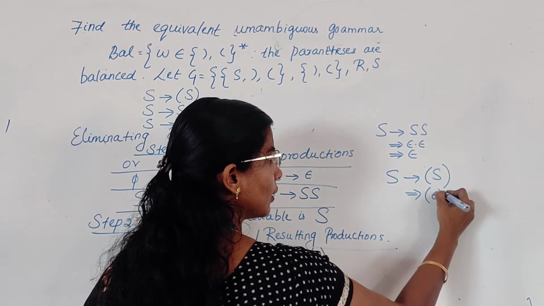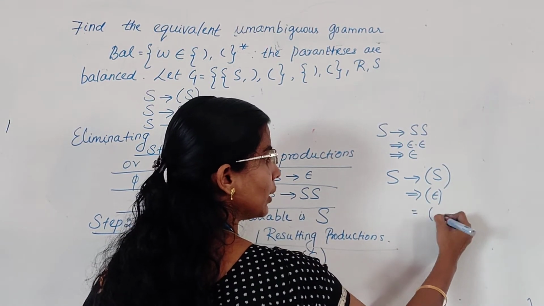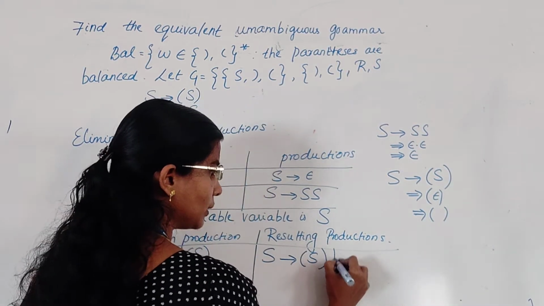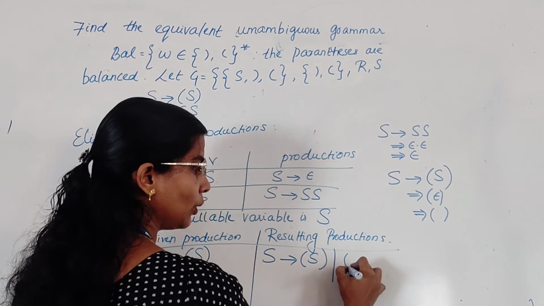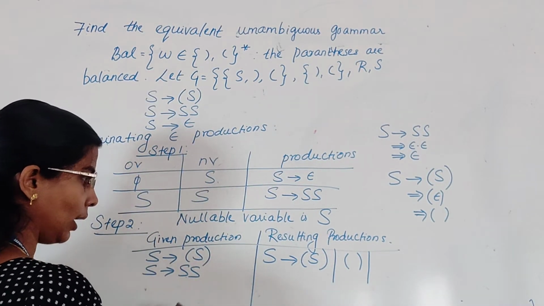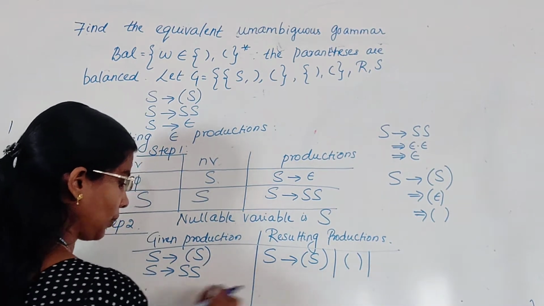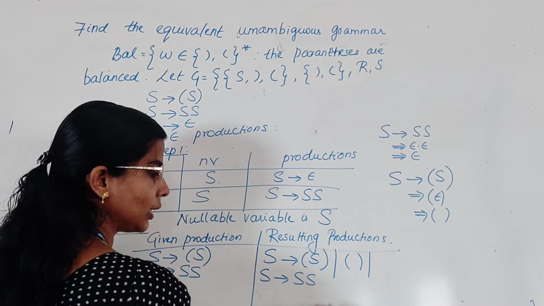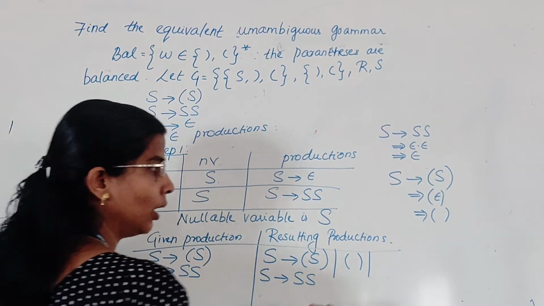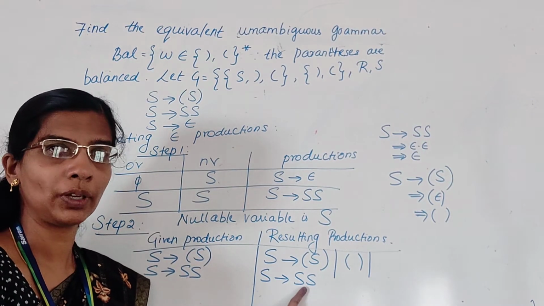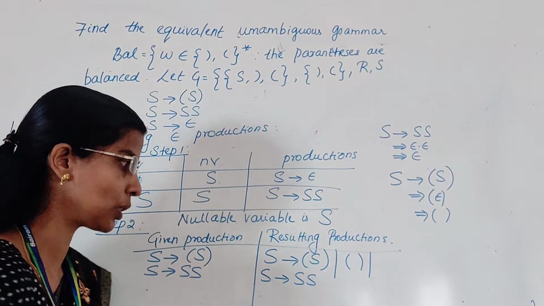When you substitute null for S in the first production, you will get only open brace and close brace, so you have to write open brace and close brace. And next, write the second production as it is. S is a nullable variable, so you have to substitute epsilon.